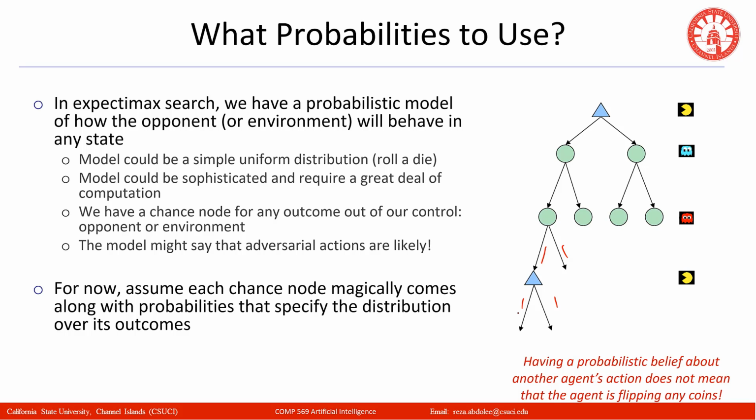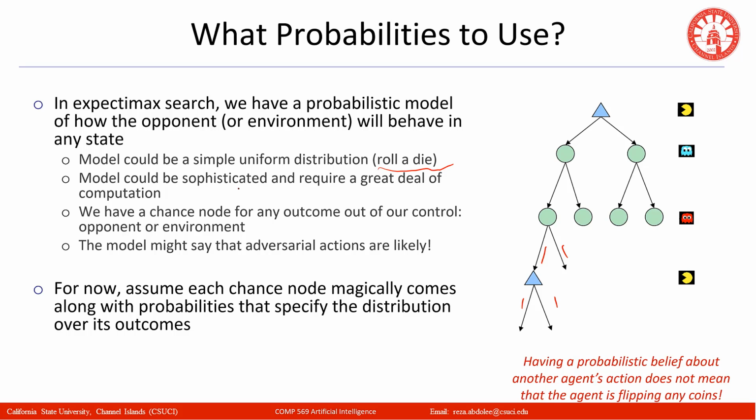It depends on the game, or on the problem that you are working on. For example, for rolling a dice, if it's involved in your game, the probability is a uniform distribution of all those events that can happen after rolling a dice. For example, 1/6.